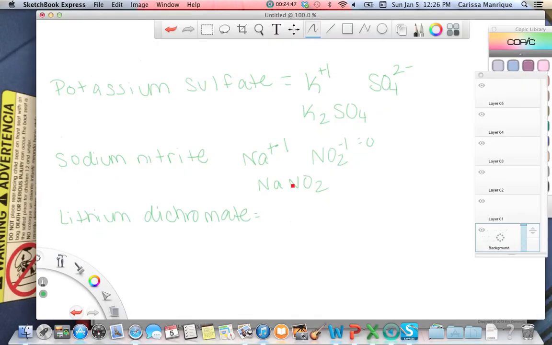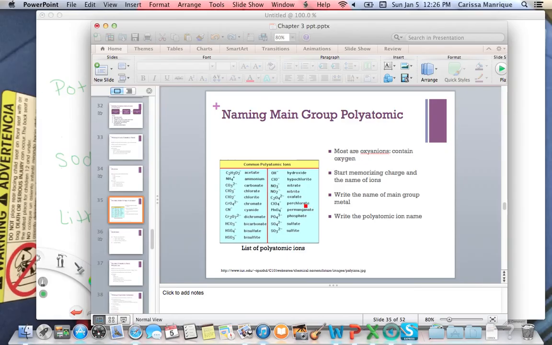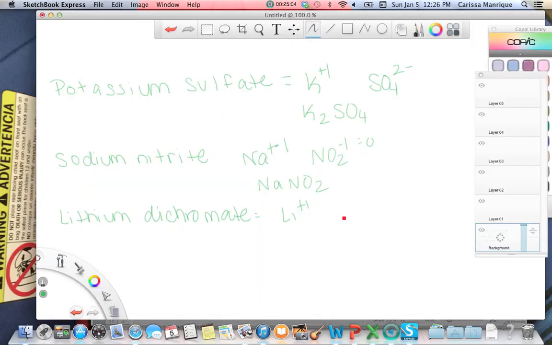So we're going to write over here lithium with a +1, and then dichromate, let's look up on here. Dichromate, Cr2O7 with a 2- charge. So Cr2O7 2 minus.